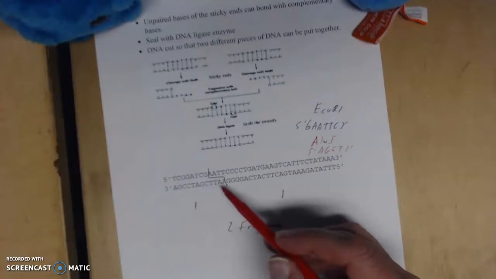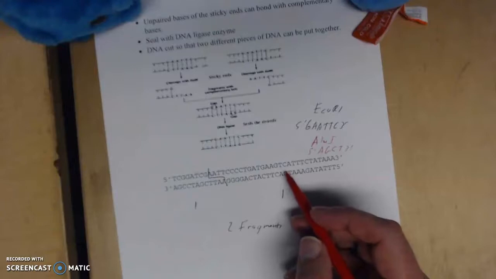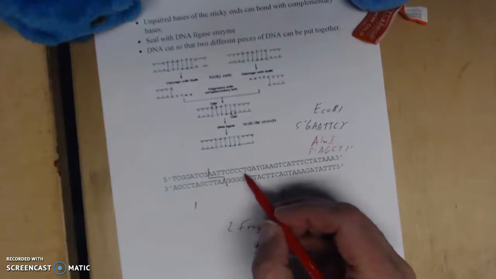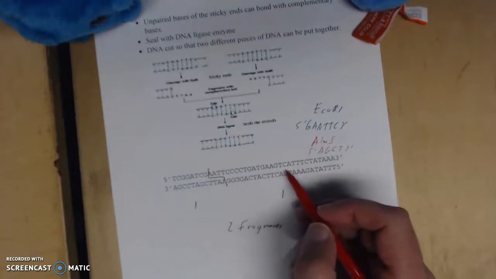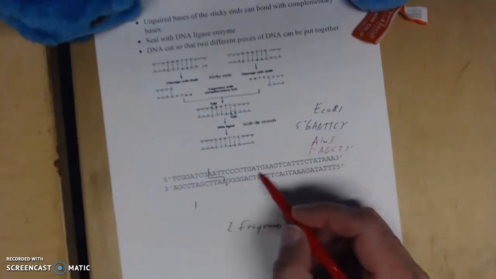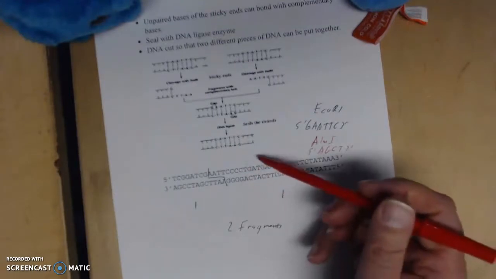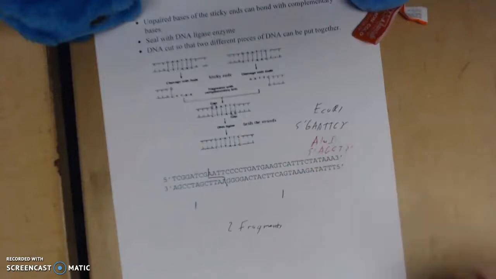A, G, C, T. A, G, C, T. Nope, it doesn't cut. So that won't cut in there. So AluI will not cut in that sequence of DNA.